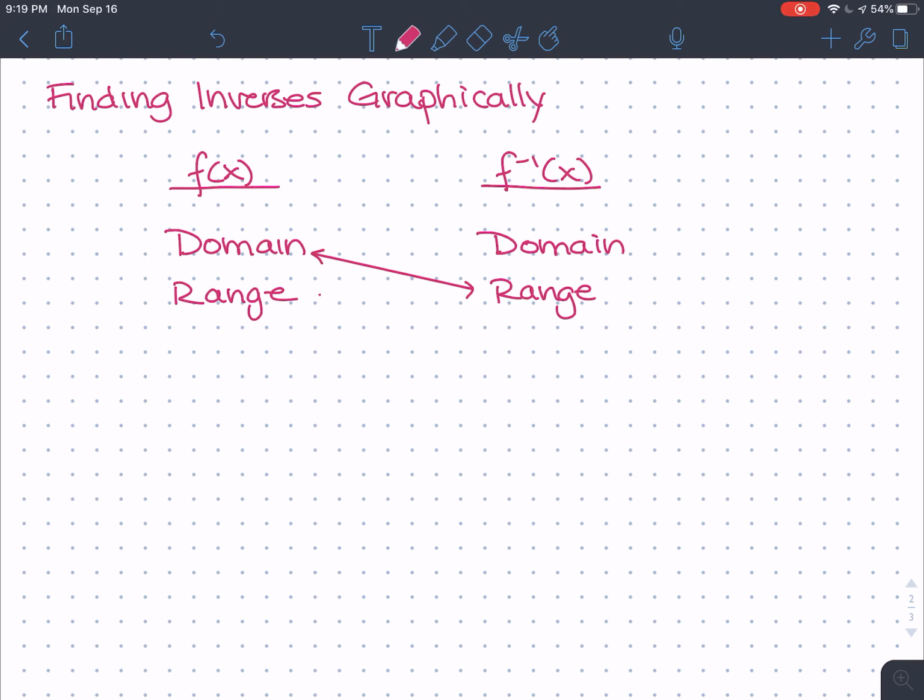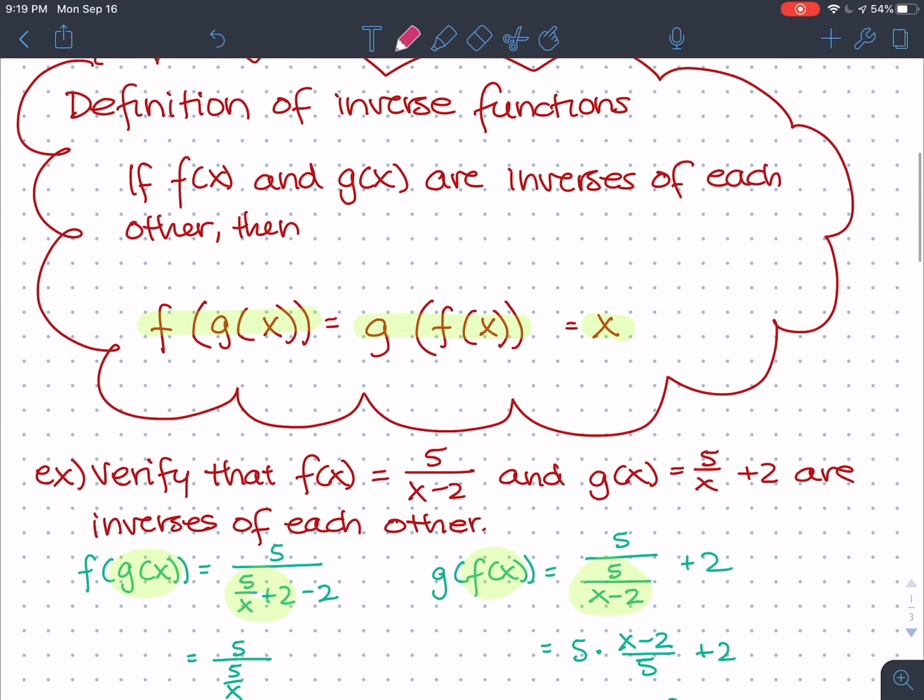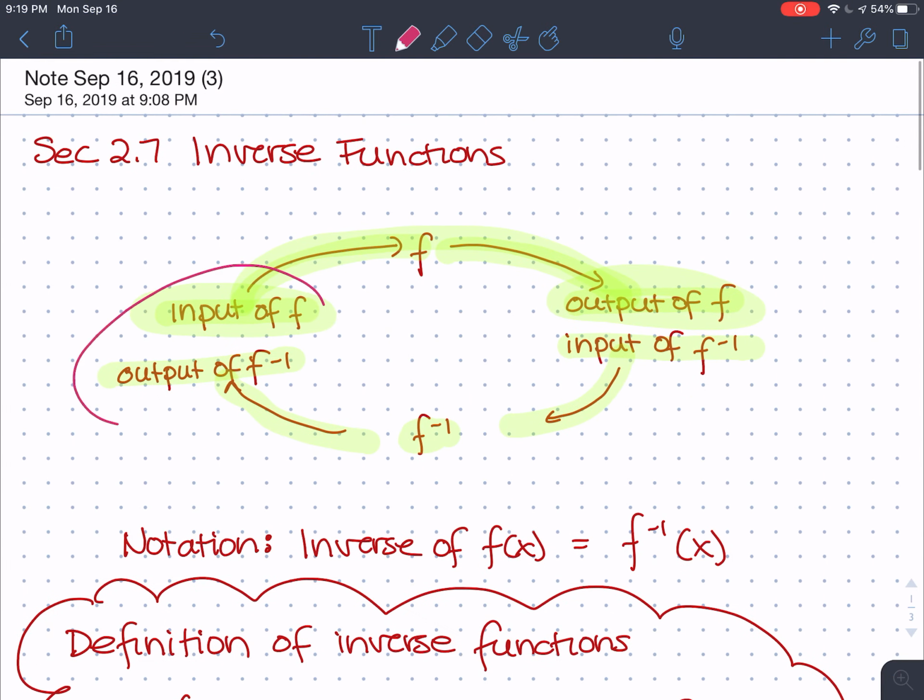And then likewise, the output of one becomes the input of the other. The domain and range basically switch roles. I'm going to go back up here again. The input becomes the output becomes the input. That's exactly what we're showing down there.